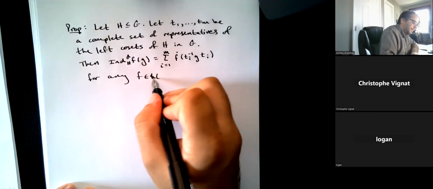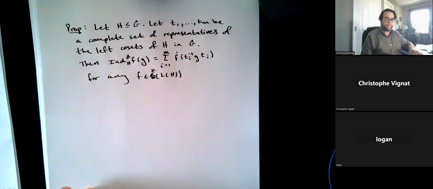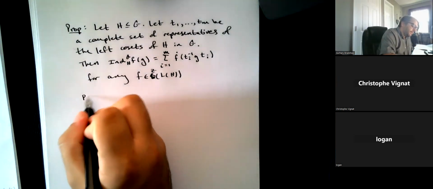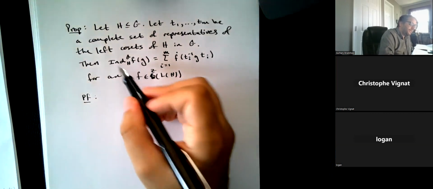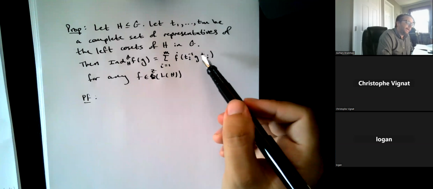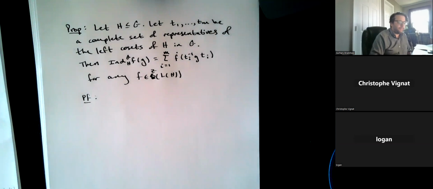This should be Z, L, H. So this formula is nice. It gives us the induced map while only having to conjugate by the representatives of the cosets of H rather than by all of H.